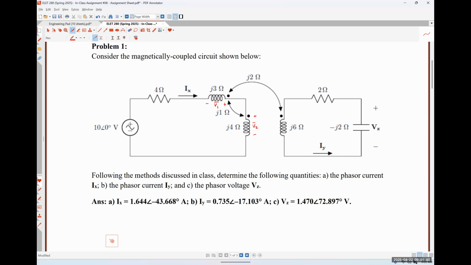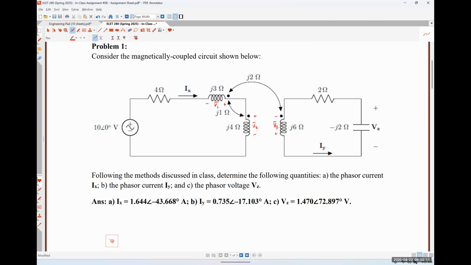And Brock, would you care for the positive polarity terminal to be on top or bottom for the J6 ohm coil? The bottom, okay? So that's going to be this voltage V3 like so.